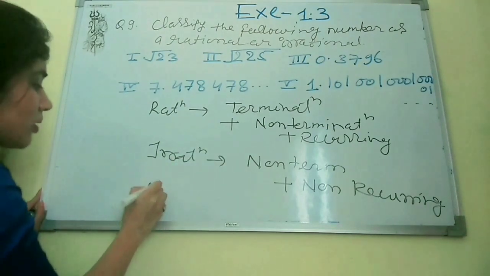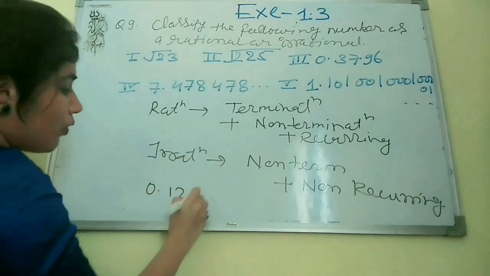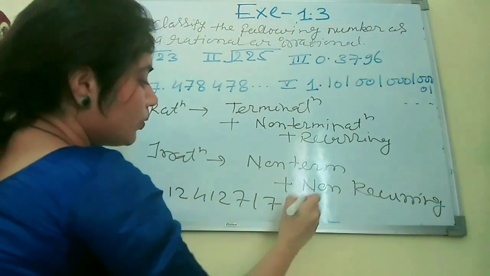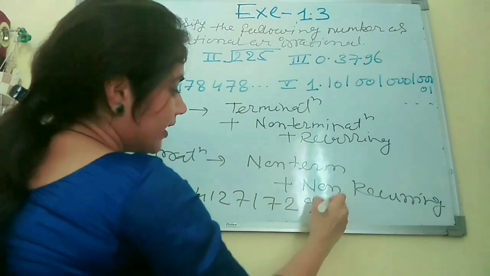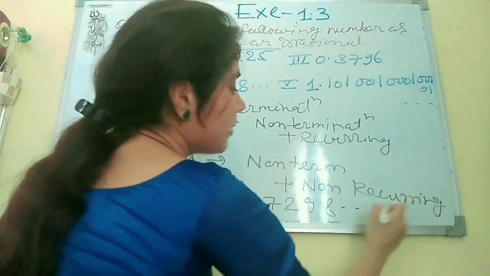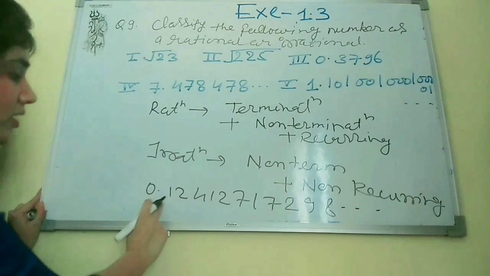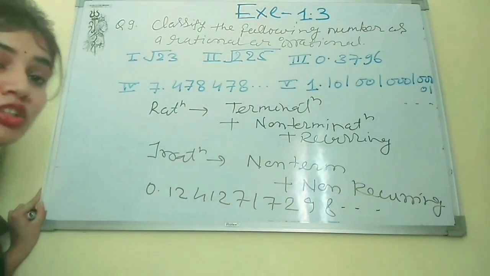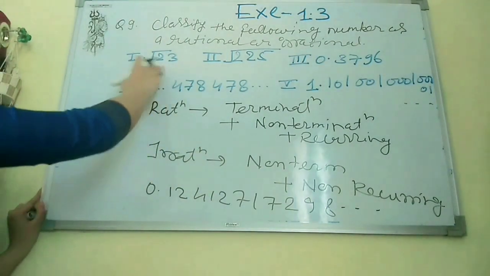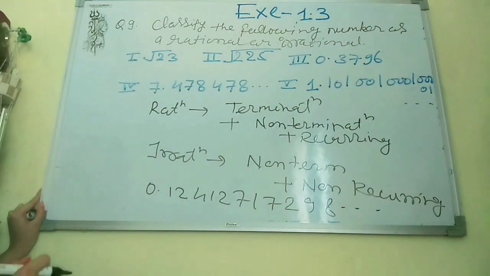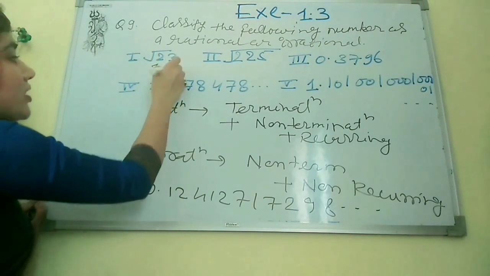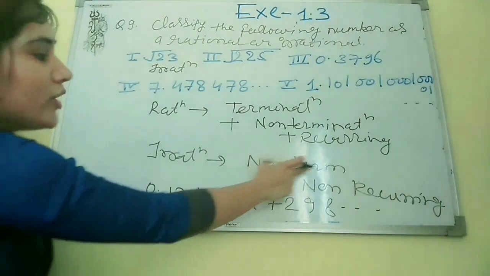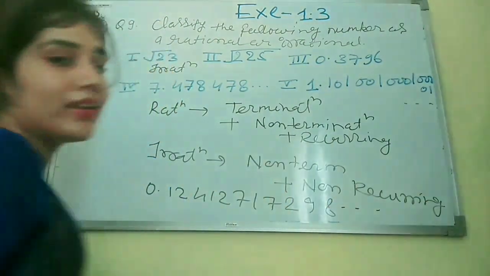We could find 0.1241271298, something like that, up to infinite times. So are any digits in a repeating manner? No, the digits are not following any pattern. The same happened with root 23. So this will be an irrational number because it comes in this form, non-terminating plus non-recurring.